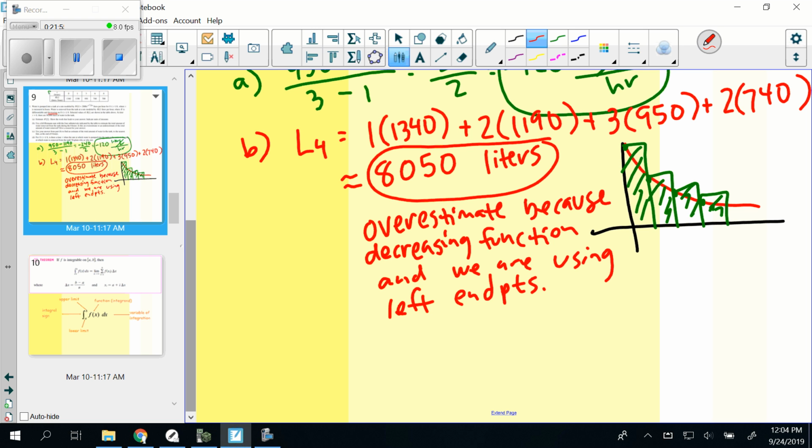So that's an example of a problem that uses endpoints. The other questions we're going to leave for now because we haven't quite reviewed some of the other material.